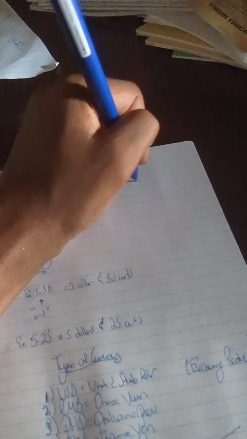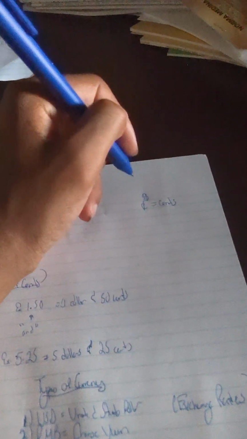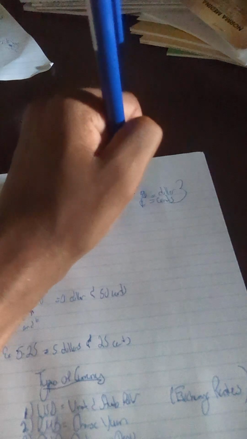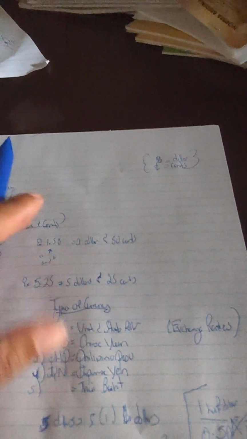Now, let's be specific. The little symbol here means cents, in an American sense, and this means dollar in an American sense. You will see this when you travel internationally.